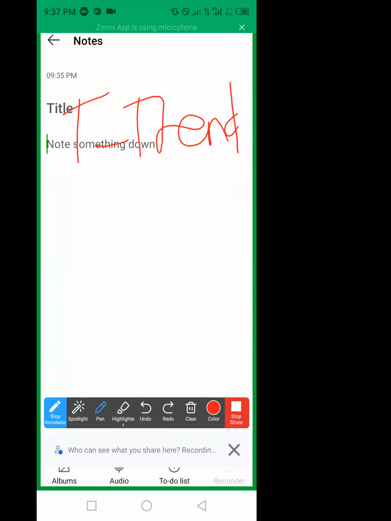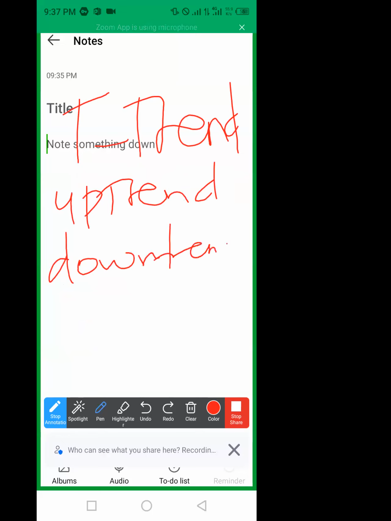Uptrend means the market is going up. Is it a downtrend? Even in the downtrend, we make money. Is it ranging? First identify the trend before you put in any trade.